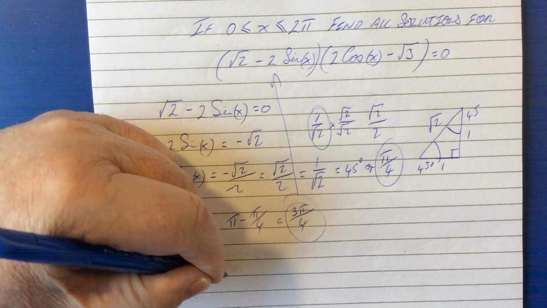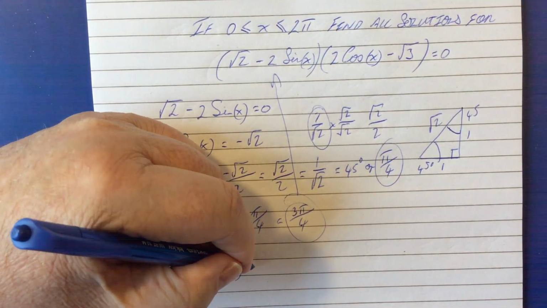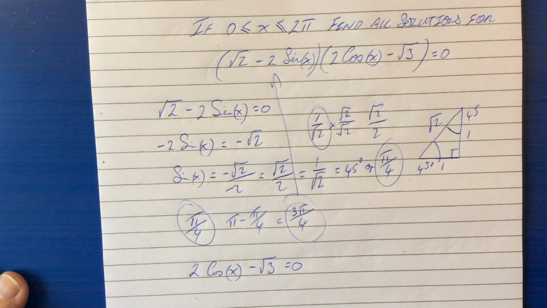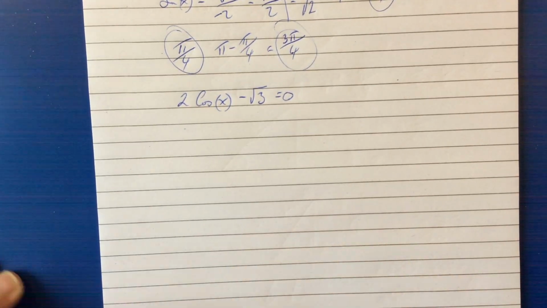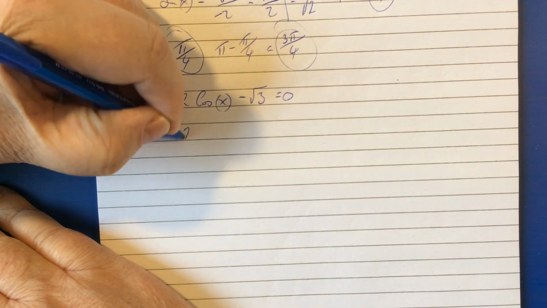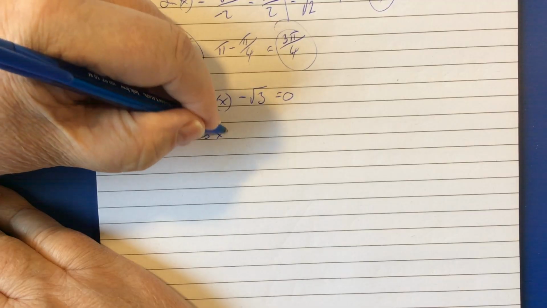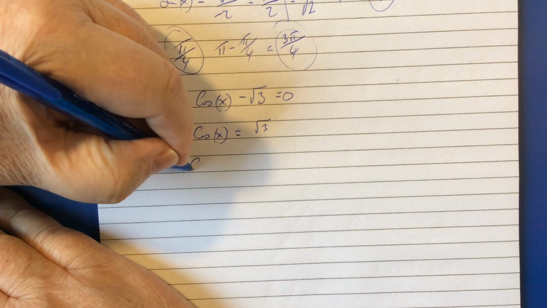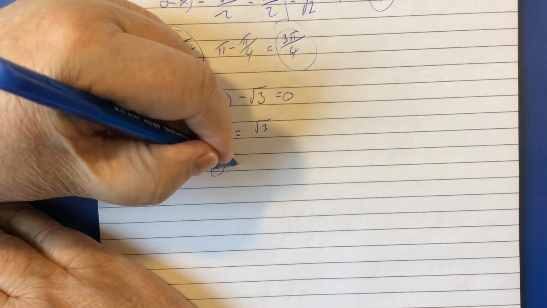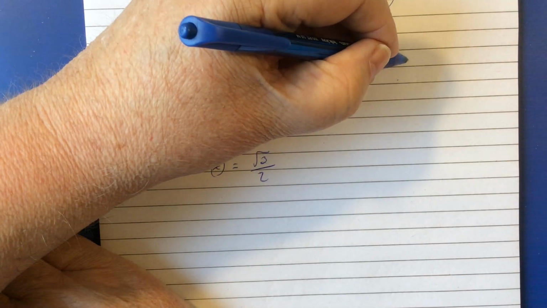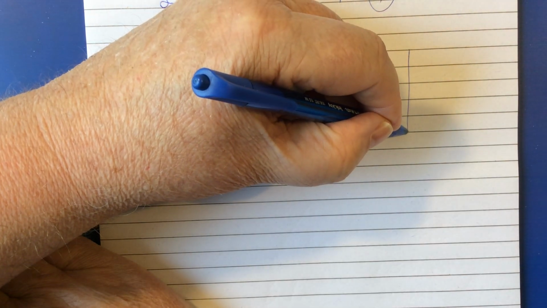2 cos x minus root 3 equals 0. Give ourselves some space. Rearrange this. 2 cos x equals root 3. Cos x equals root 3 on 2. Now for this, we need another triangle.